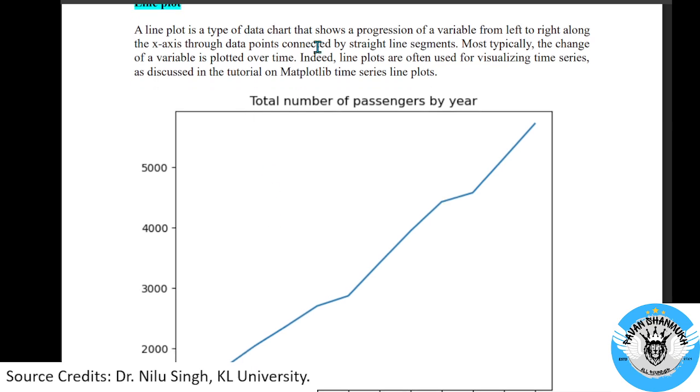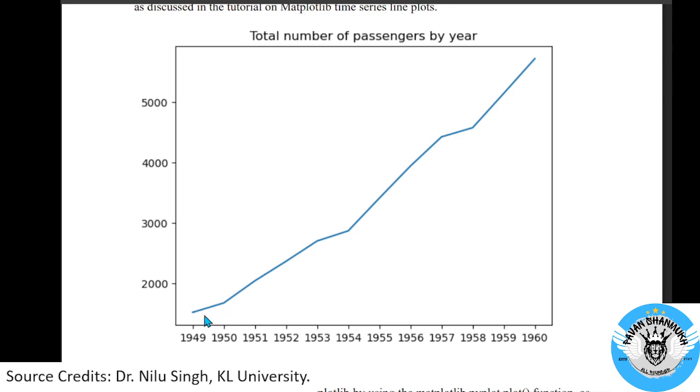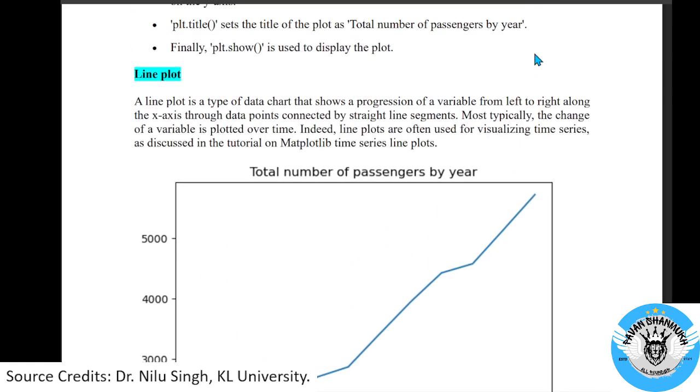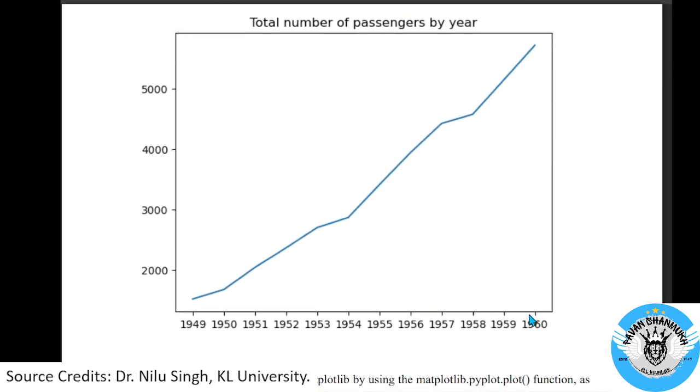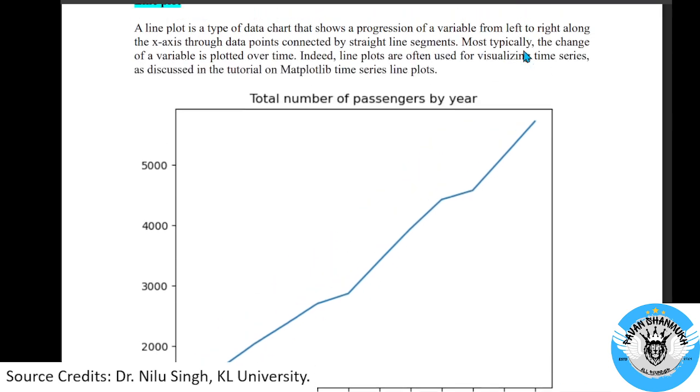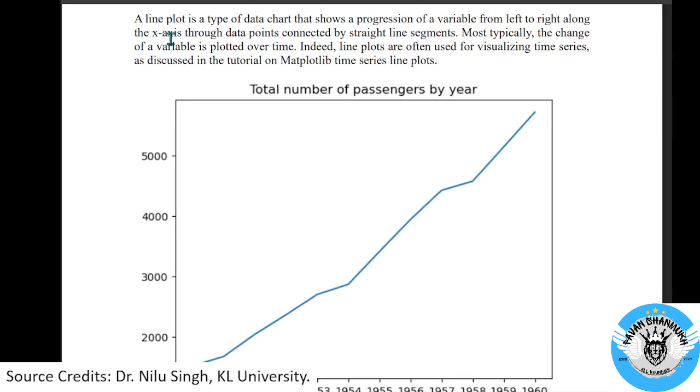This is a type of data chart that shows a progression of a variable from left to right. Just follow the cursor from left to right, based on time or anything. This is a time series based plot along the x-axis, through data points connected by straight line segments.